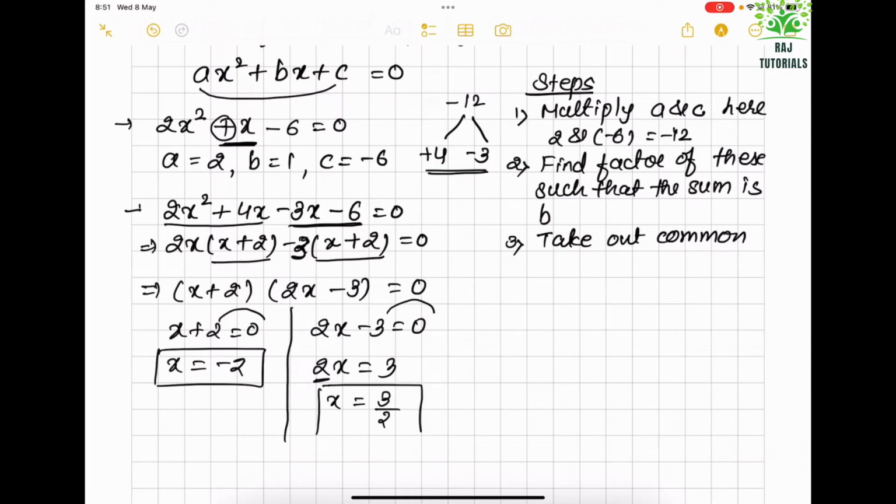So x equals 3 by 2. These two are my solutions. And the fourth step was to take the bracket common. So I came to my solution.